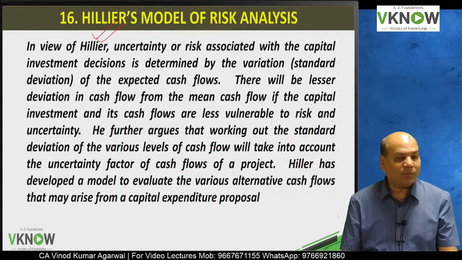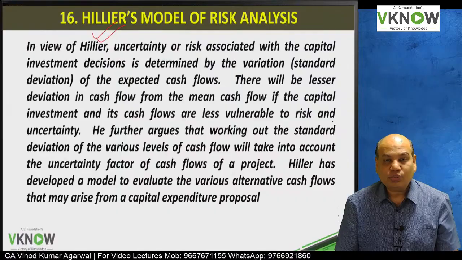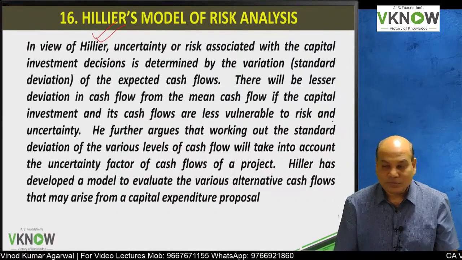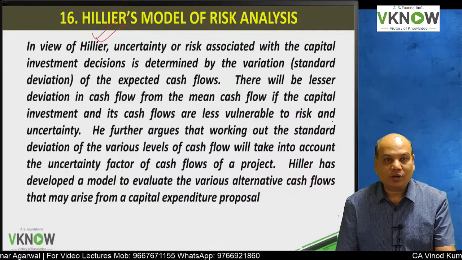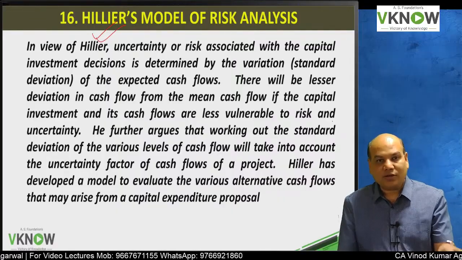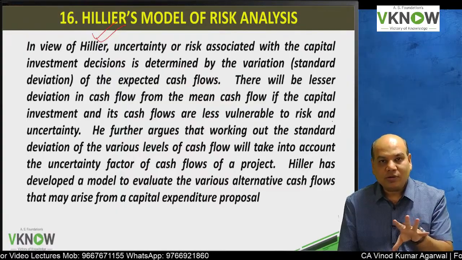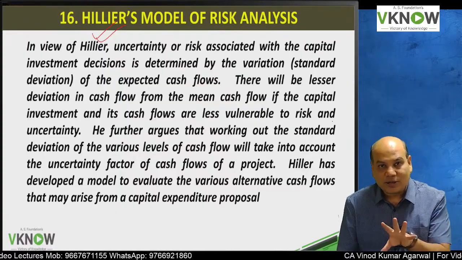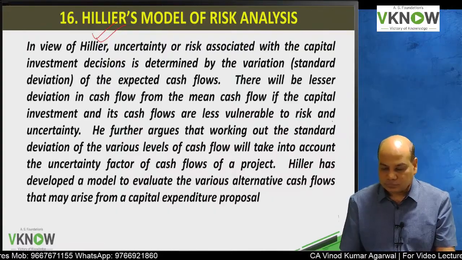When you are given probability distribution for different years, how to calculate the standard deviation, that formula is given by what is called Hillier's model. Hillier has told you that if we know the standard deviation, we are able to understand the risk better and we can take a more informed decision.